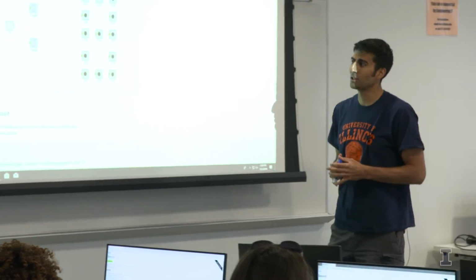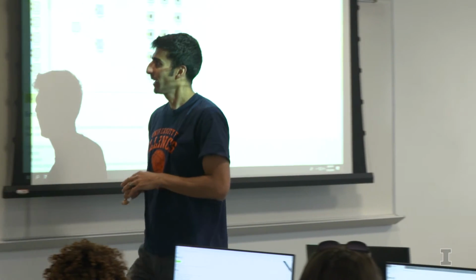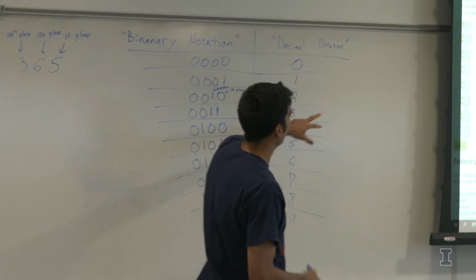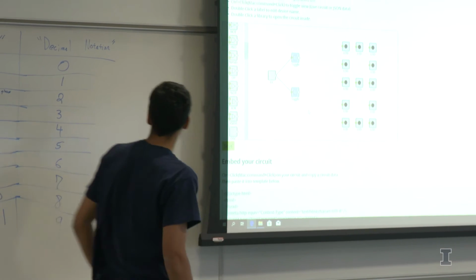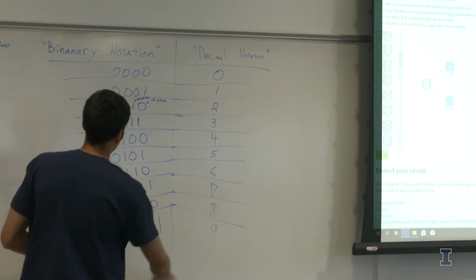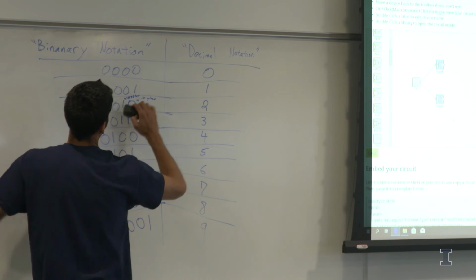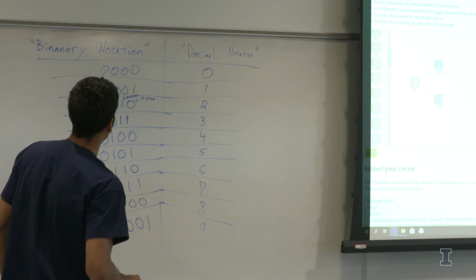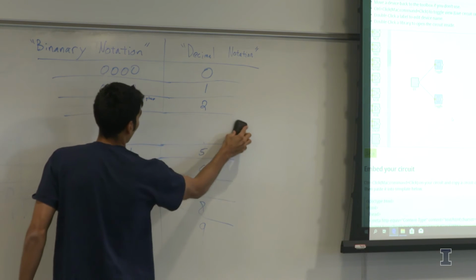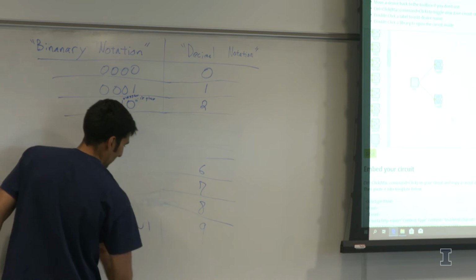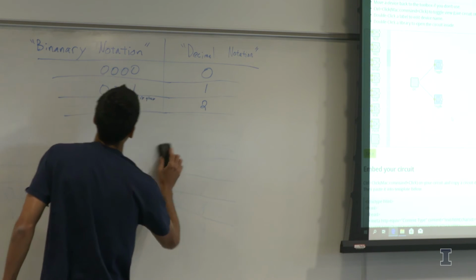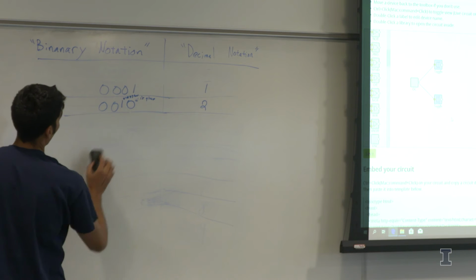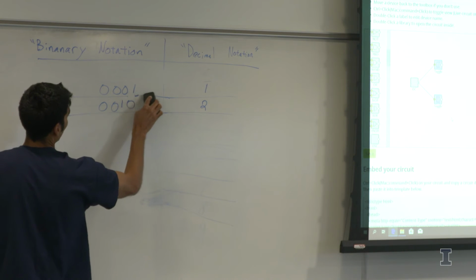All right, and now your challenge is to do the following. Wire the lights in such a way that, so let's just focus on rows 1 and 2. Okay, so I'm going to erase everything else. All right, so I just want to focus on rows 1 and 2. And now these are just 2 bits here.